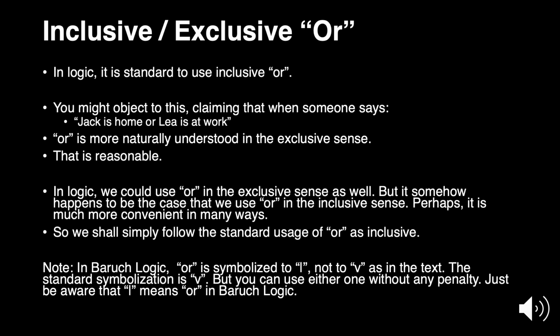Just be aware that in Baruch logic, this bar is sometimes used to mean or. Okay? But the choice is up to you, and you will not be penalized for using bar instead of wedge or using wedge instead of bar. So the choice is up to you. But of course, you should not confuse bar with ampersand or bar with arrow and so on.